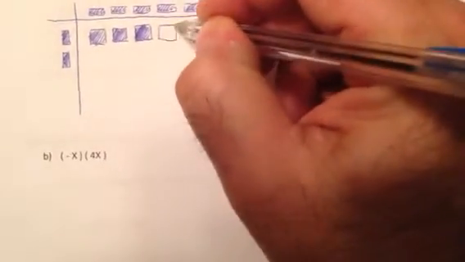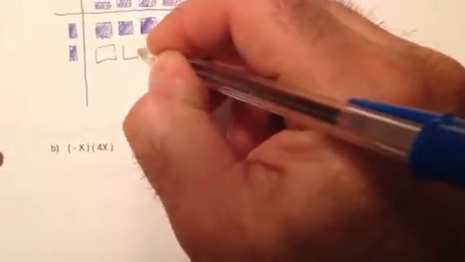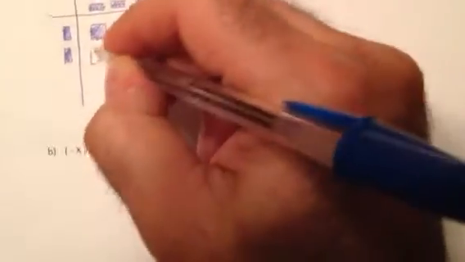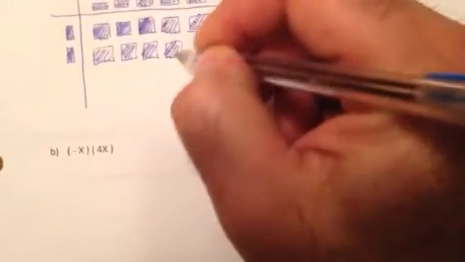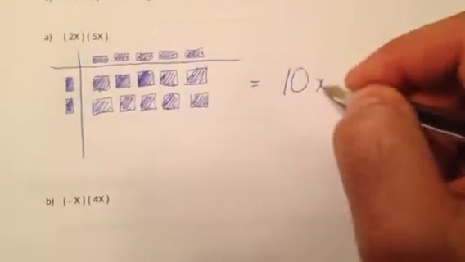We have a bunch of x squareds in this example. I'll just do this very quickly so that we get the picture. And so there we go. We have 2 rows of 5 x squared. In other words, the answer is 10x squared.